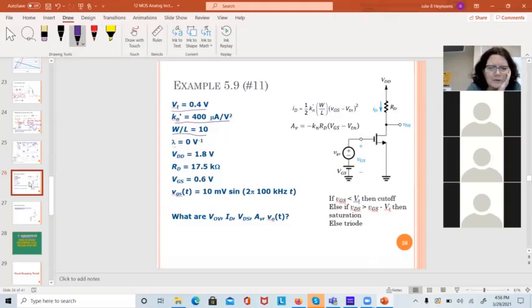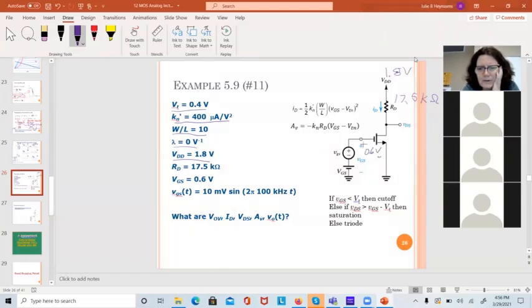My lambda 0, that just doesn't matter for this one. VDD is 1.8, so I'm going to write that on the schematic. My RD is 17.5K. And the DC part of VGS is given as 0.6 volts.